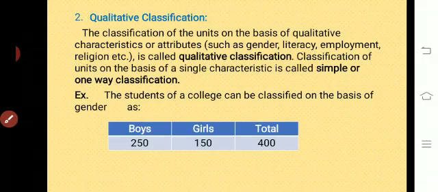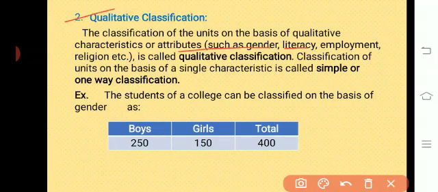Then the next type of classification is qualitative classification. The classification of the units on the basis of qualitative characteristics or attributes such as gender, literacy, employment, religion, etc. is called qualitative classification. Classification of the units on the basis of a single characteristic is called simple or one-way classification.